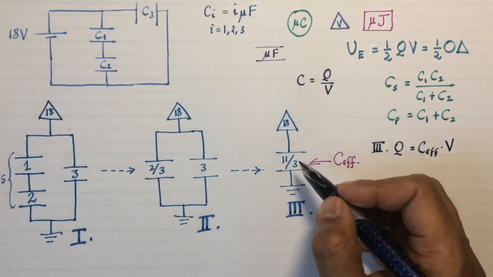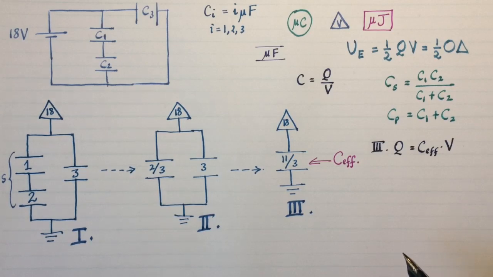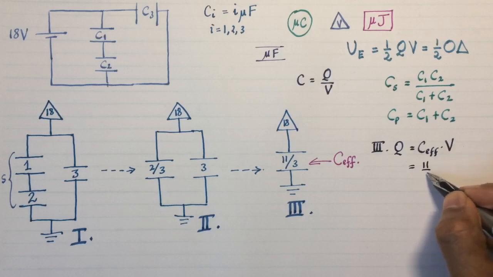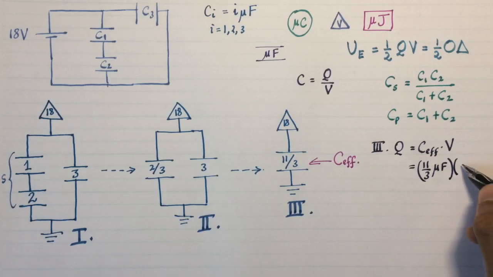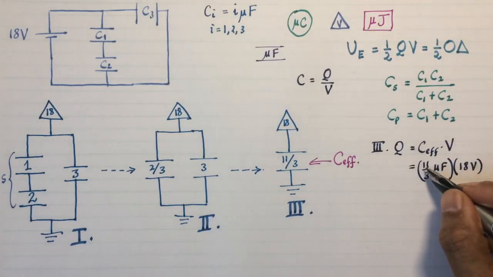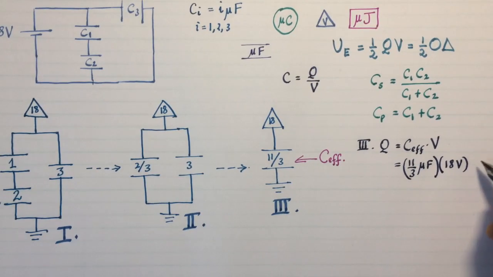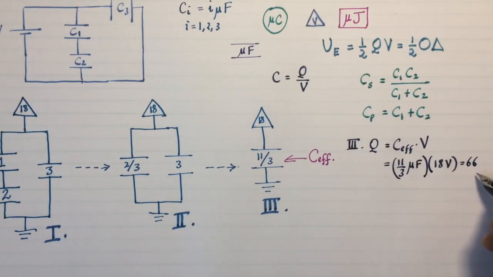That tells you the entire charge in that final capacitor. So we can evaluate this. Let's do that. This is 11/3 microfarads, and the voltage is 18 volts. Well, 3 6s are 18, so that's going to be 66 microcoulombs.